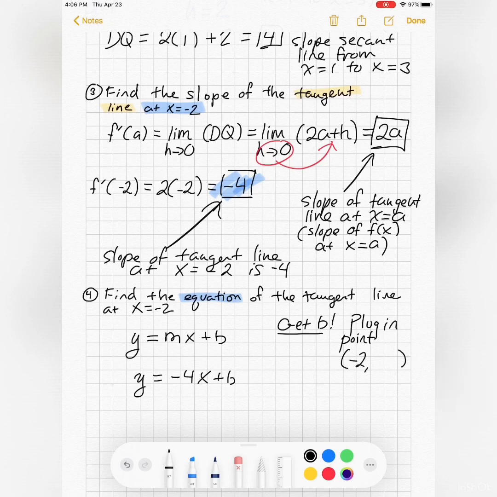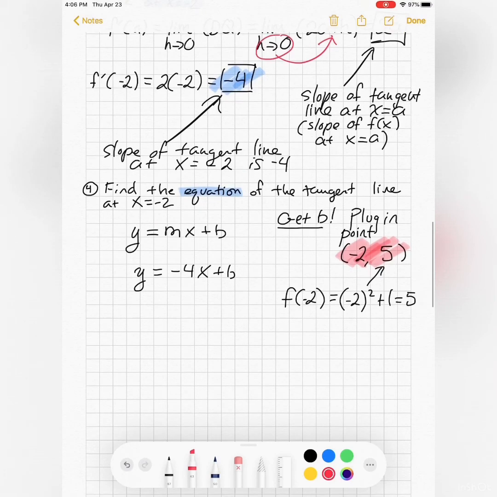So the x is -2. What is the matching y? The function is x squared plus 1, which would be 5, right? So the point of interest is -2, 5. Then I'm going to plug those values in for the y and the x and solve for b.